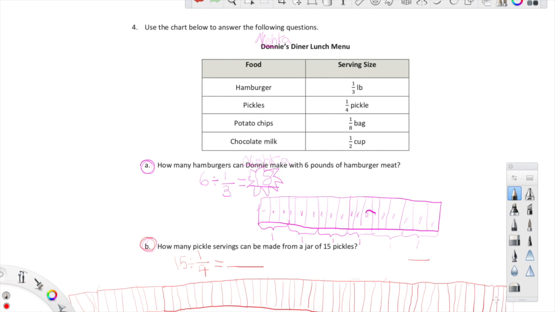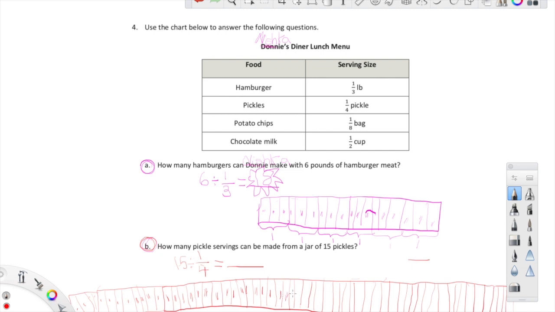Okay, great. We have made a lot of boxes, so we're gonna count them. 1, 2, 3, 4, 5, 6, 7, 8, 9, 10, 11, 12, 13, 14, 15, 16, 17, 18, 19, 20, 21, 22, wow, 23, 24, 25, 26, 27, 28.